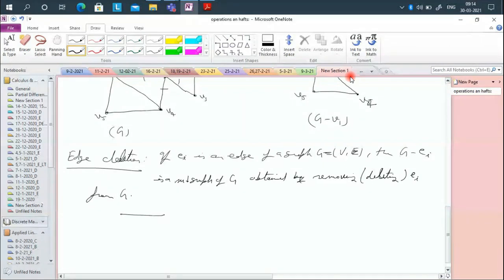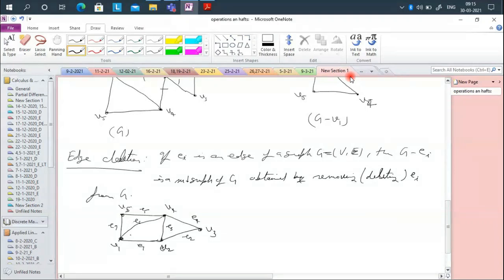Okay, so now see one example. Suppose this is a graph. So we have V1, V2, V3, V4 and V5, with edges E1, E2, up to E7.